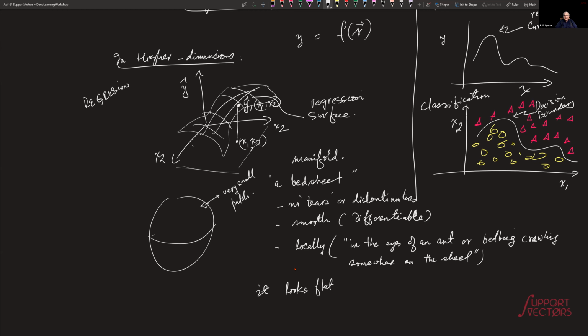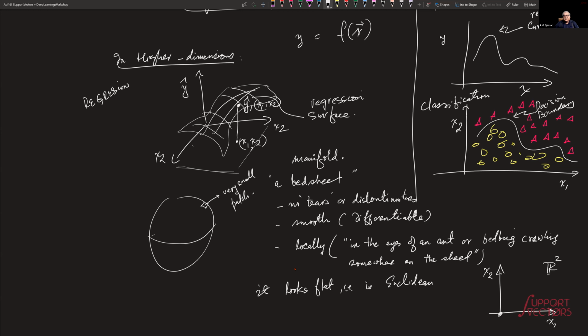Now, what does it mean? If it locally looks flat, it is Euclidean. Euclidean means you can just put Euclidean axes, x1, x2, locally. Let's say it's a two-dimensional sphere. The surface of the Earth is an example. You can put coordinates there and measure things with respect to any arbitrary origin. This is a very real fact.